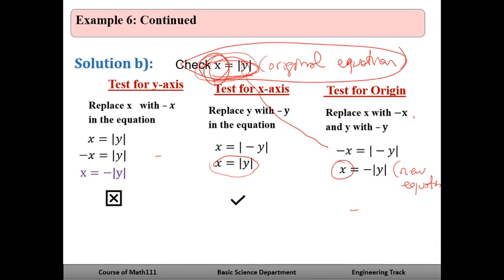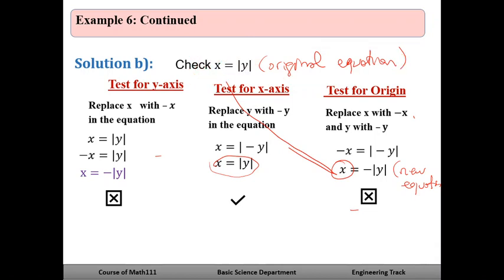Now the good thing is we got x and x, so we can compare the other sides. Let's compare this x, yes. So what about this absolute value y and this negative absolute value y?